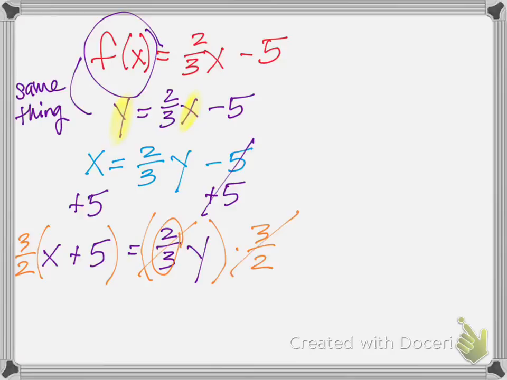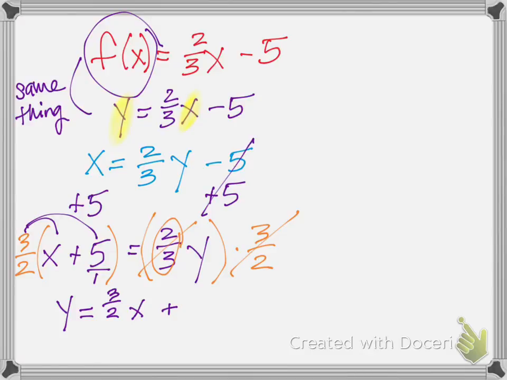So 2/3 and 3/2 will go away. It will cancel out. So I will rewrite this as y equals, and I need to distribute my 3/2. So 3/2 x plus 3/2 times 5, which is the same thing as saying this imaginary 5 over 1.